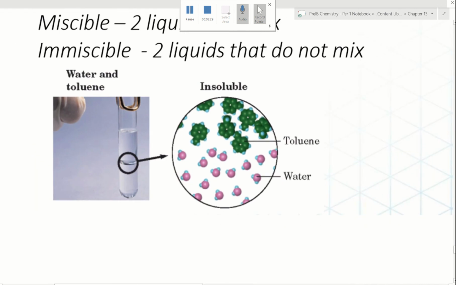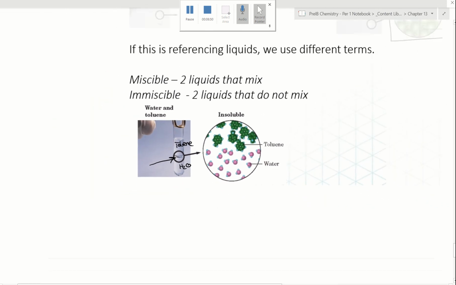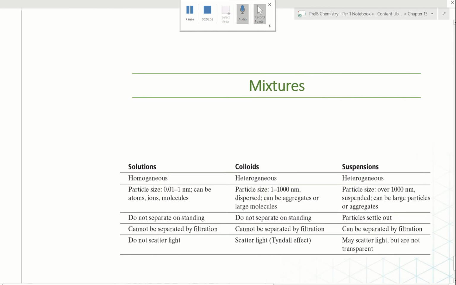It forms a separate layer, and you can see a second layer. You have the toluene on top, and then you have the water on the bottom, and it's separated by that little meniscus there, and we would say that those two substances are immiscible. So two liquids that do not mix are said to be immiscible.